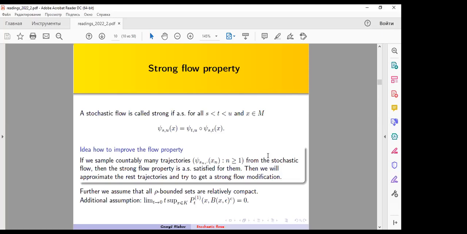The idea is the following. If we take countably many trajectories from the stochastic flow, then we have the strong flow property for them, because when two trajectories meet, they must coalesce in the stochastic flow. So, taking countably many trajectories, we will try to approximate the rest of the trajectories and get a strong flow modification.